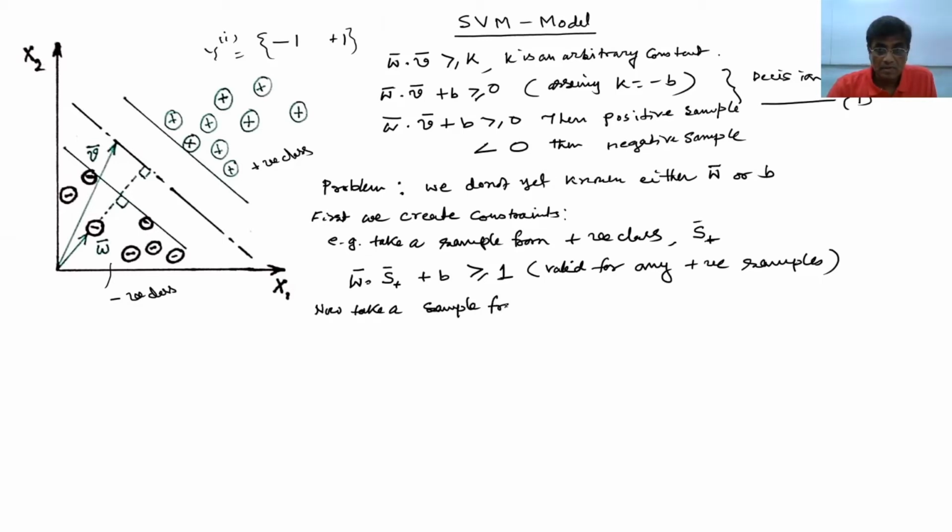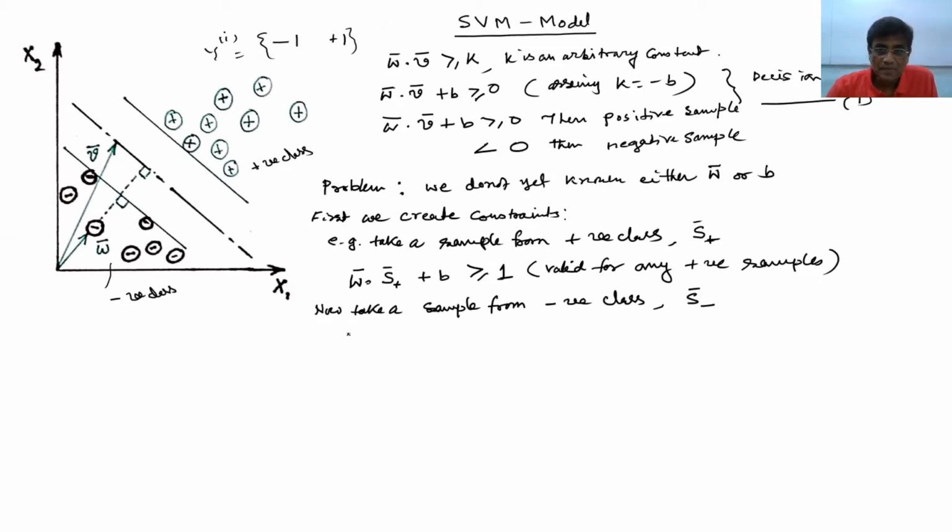Now take a sample from the negative class. Say this is the negative vector represented by S. I am using S because samples are support vectors, assuming that we do not know what a support vector is yet, so just S I am writing.